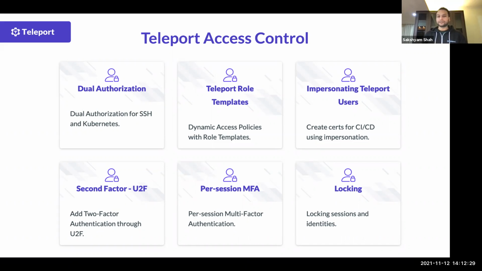Teleport allows you to impersonate another user such that you can use these features to create short-lived certificates that can be applied to CI/CD, so that you don't need to provision actual credentials for users in cases that will be deployed in public infrastructure such as GitHub Actions, GitLab CI.